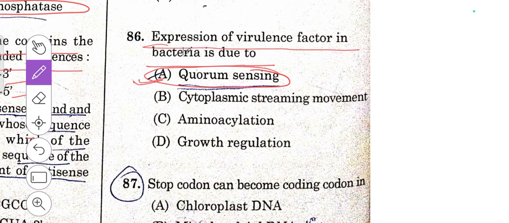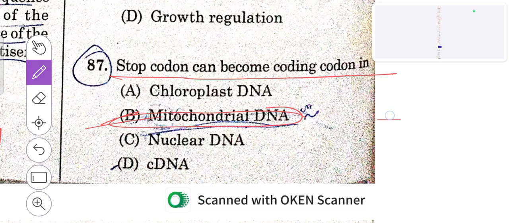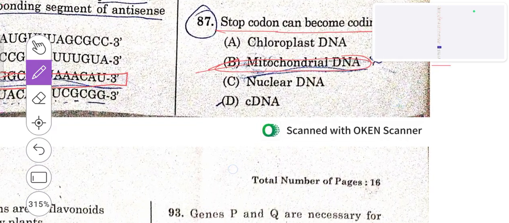This virulence property shown by the bacteria is sensed or expressed because of the method that is quorum sensing. 87. Stop codon can become coding codon in mitochondrial DNA, where it can happen. The stop codon can become a coding codon.